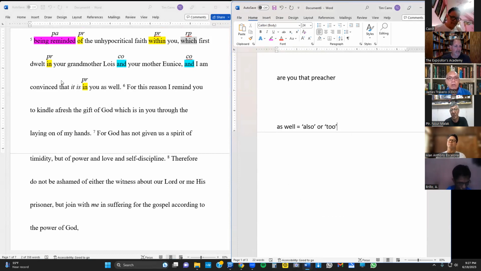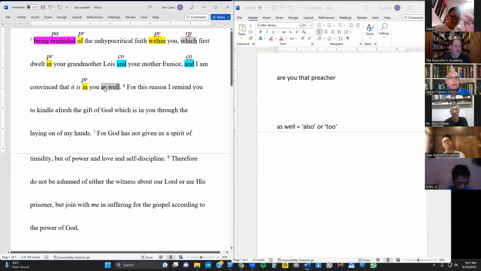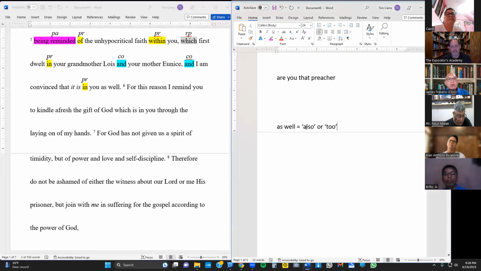So all he's saying is, I am convinced it is in you also. Yes, sometimes as is a connector word. Sometimes it's a conjunction. But notice what follows it is not a clause. So this is one of those English expressions that actually just means also.